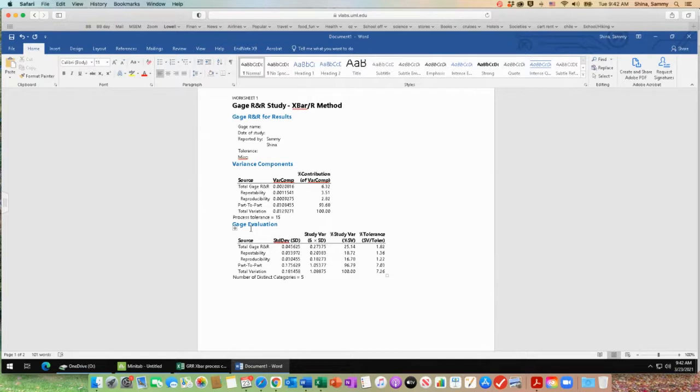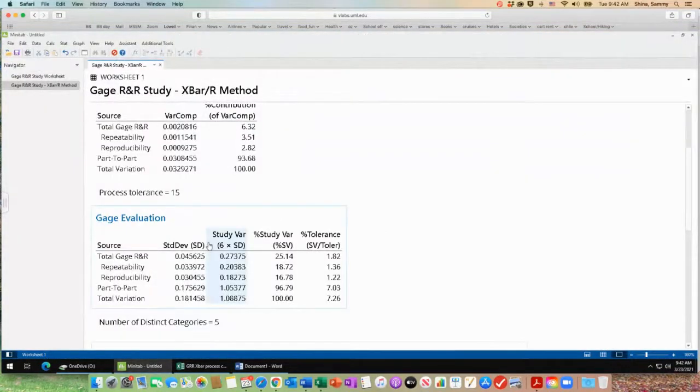So all the numbers we did in the homework 3 appear now in Minitab. Okay, so just to verify, the total variation is 108. It's a 100%, and it's 726.